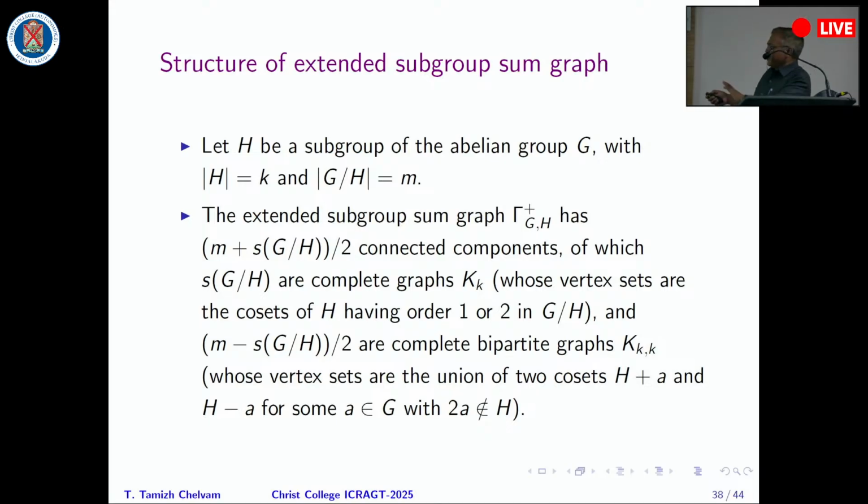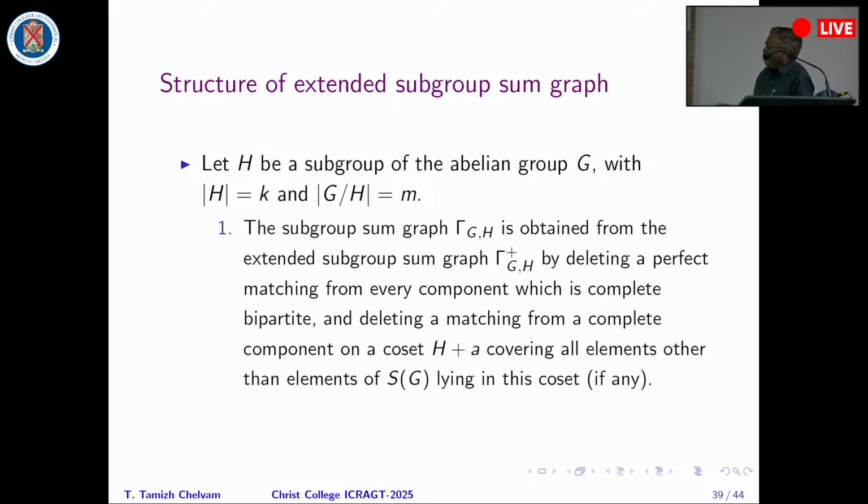Here, literally speaking, it is the union of complete graphs and complete bipartite graphs. That is the same case for the total graphs of commutative rings, and we could extensively study the total graphs. The graph was introduced by Anderson and Badawi, the co-authors of the book, but we explored it in greater dimension. So I am reminded of the fact here.